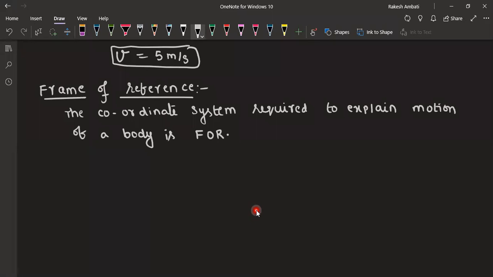So the coordinate system required to explain the motion of a body is nothing but frame of reference.